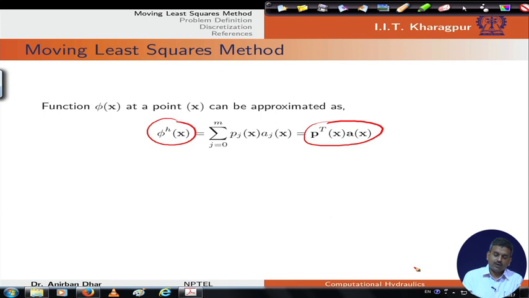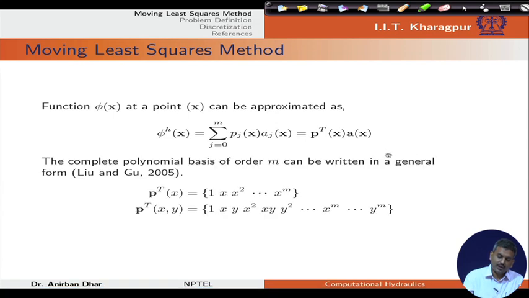We can utilize the A values, which we can get from the inversion of the polynomial matrix based on available function values, for construction of weight functions. Now, we can use this first step, and then again we can use our basis for moving least squares.